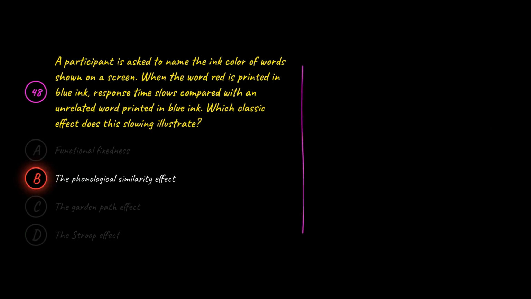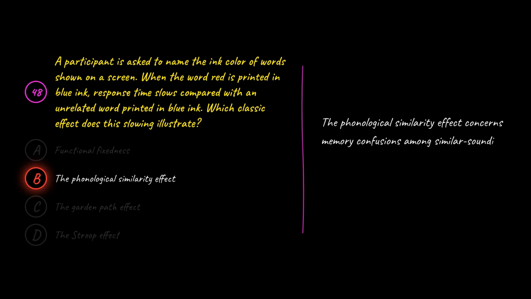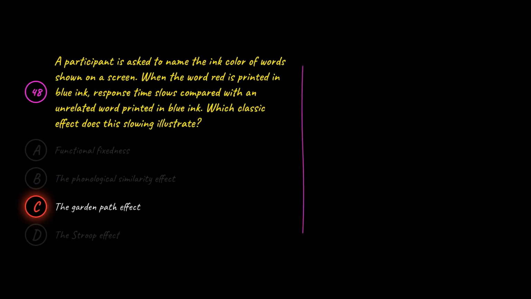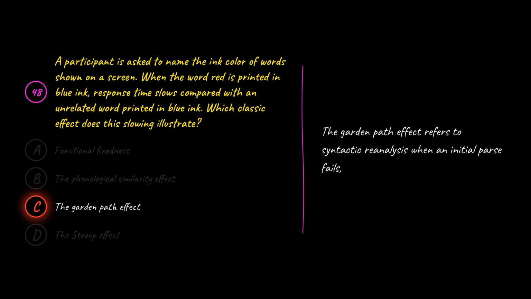B is wrong because the phonological similarity effect concerns memory confusions among similar sounding words, not response time interference between word meaning and ink color. C is wrong because the garden path effect refers to syntactic reanalysis when an initial pass fails, unrelated to color word interference.